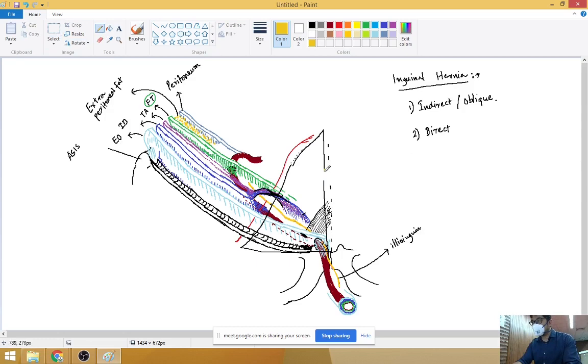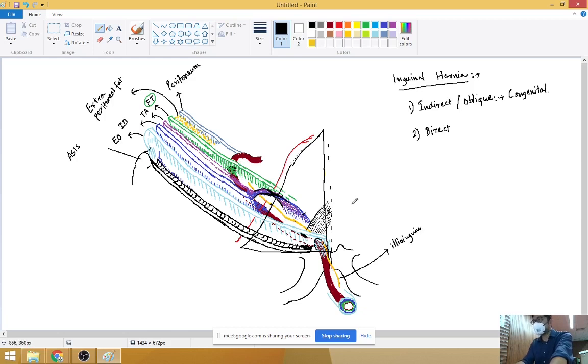Now lastly, let us see, sometimes there is this indirect inguinal hernia. The whole of this inguinal canal is formed when the processus vaginalis enters and takes along itself the different layers till the scrotum.